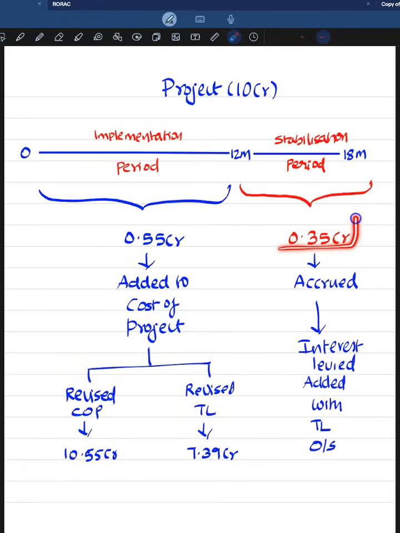So this 0.35 crore will be given a holiday by the bank. When they say holiday, they are not sacrificing. Rather, that interest will be accrued and added to the term loan outstanding figure. So already the term loan outstanding is 7 crore. With that, this 0.35 crore will also be added.